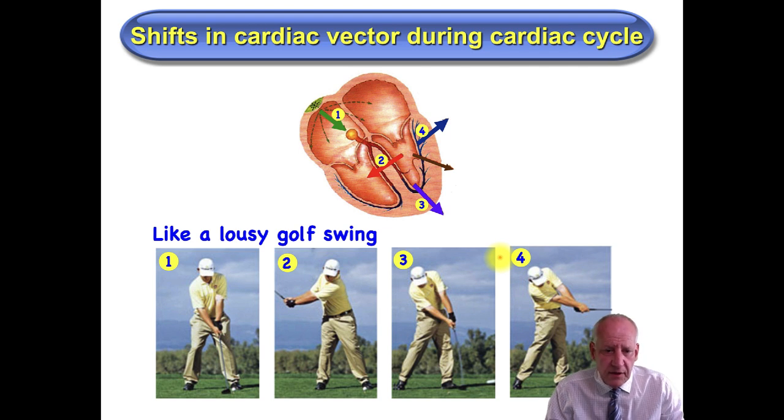So if we look at the shifting cardiac vector during an entire cardiac cycle, it kind of looks like a lousy golf swing. First pointed down to the left ankle, it comes up as the septum depolarizes from left to right, so it shifts up this way, and finally the apex depolarizes, swings back, and the vector continues as the left ventricle continues to depolarize, and it shifts up this way. So like a lousy golf swing.